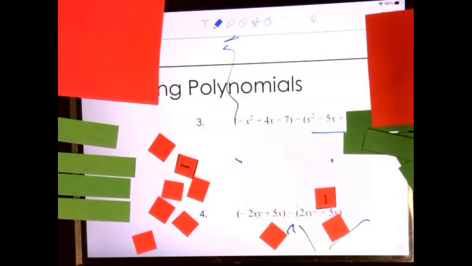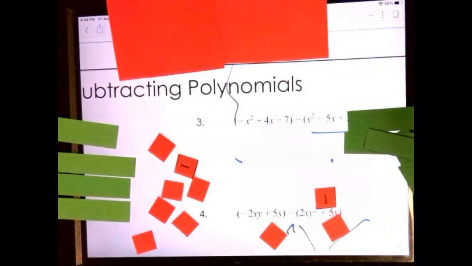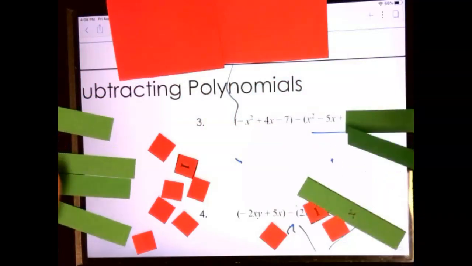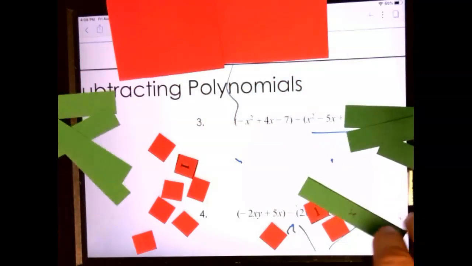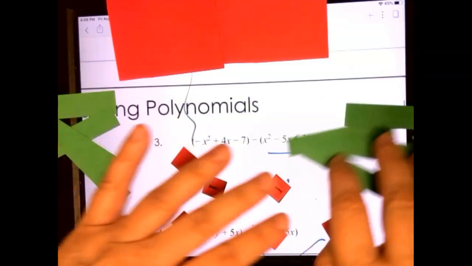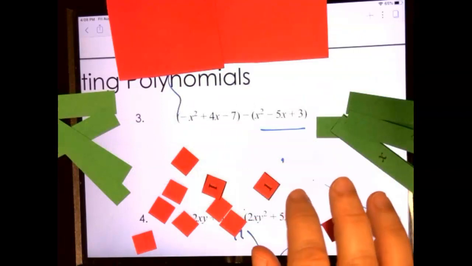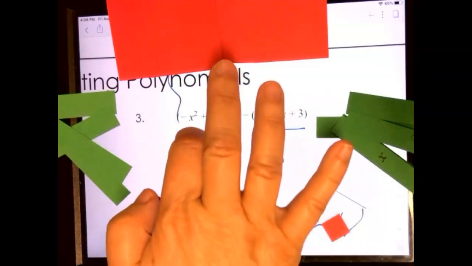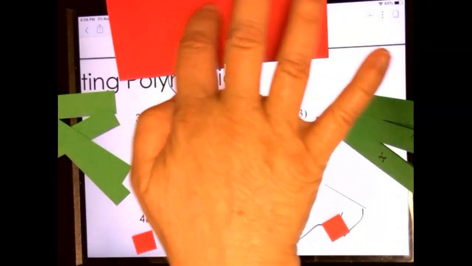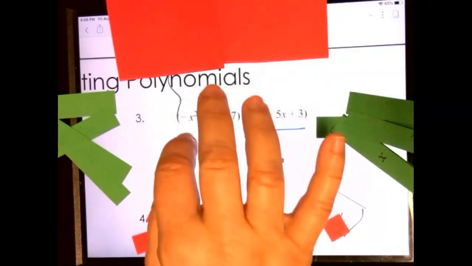Okay, now there's nothing holding us up from combining. So let's see what we have. We can't take these away. They're both the same color. We can't take any of these away. They're both the same color. And we can't take any of these away because they're the same color too. So, what do we have? We have negative 2x squared.